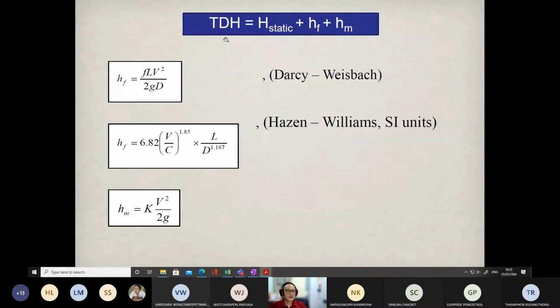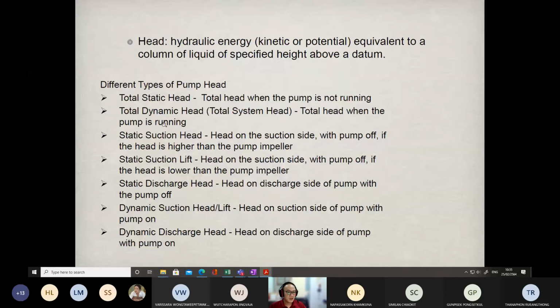Okay, so basically, we need to see the TDH once the pump is in operation. So we have to check the total dynamic head. The total dynamic head is sometimes called the system head, or total system head. Sometimes we call it the HQ curve, so it depends on the flow rates. The total dynamic head actually varies depending on the flow rates.